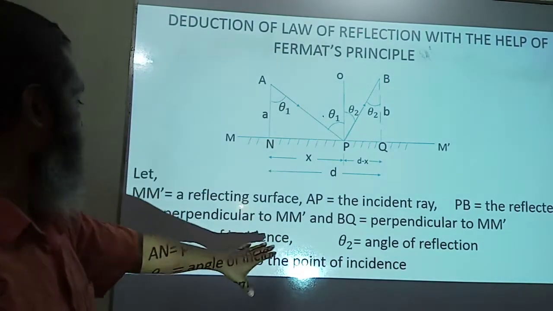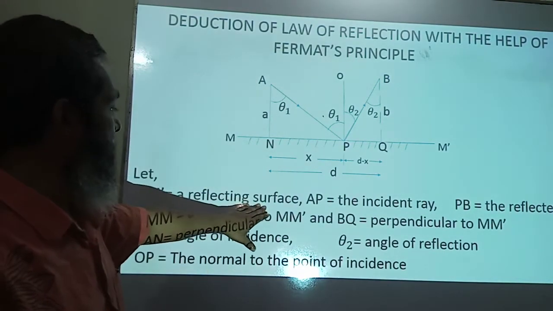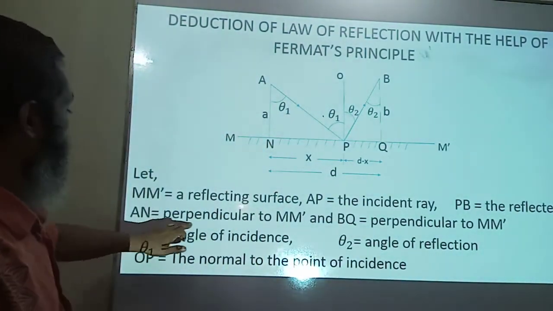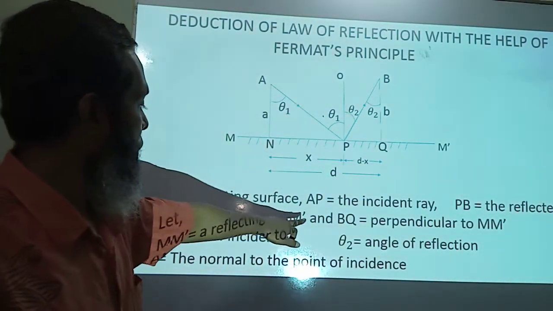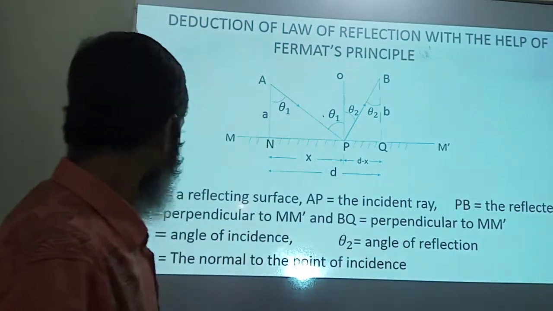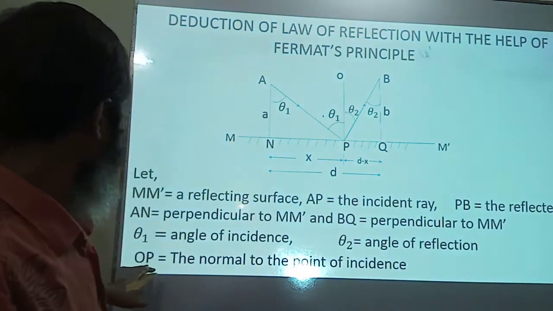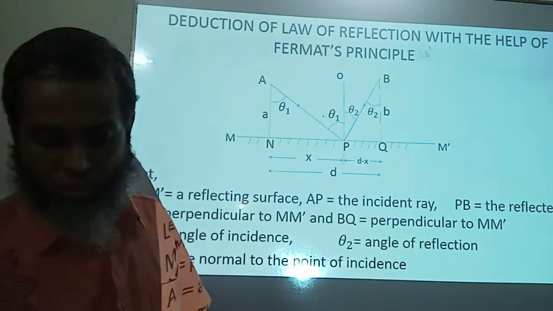It is detailed here. MM prime is the reflecting surface, AP is the incident ray, PB is the reflected ray, AN is perpendicular to MM prime, and BQ is perpendicular to MM prime, theta 1 is the angle of incidence, theta 2 is the angle of reflection, and OP is the normal at the point of incidence.